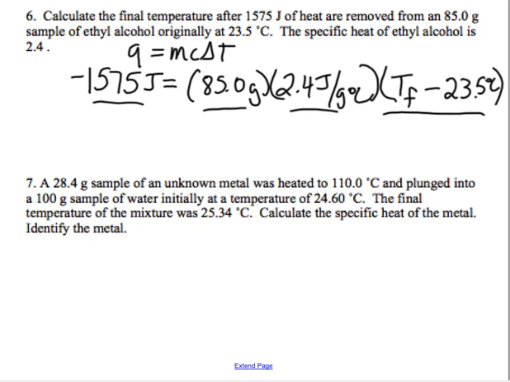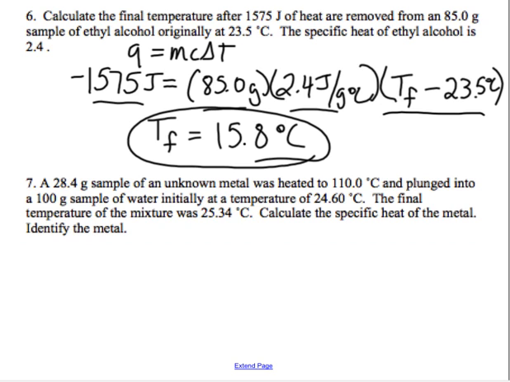So what's the final temperature of this? It's 15.8 degrees Celsius, which makes sense.